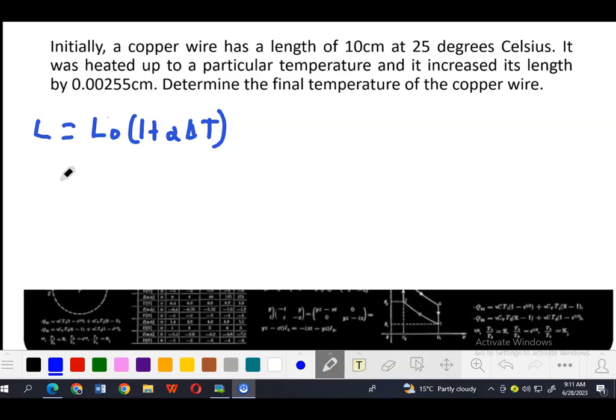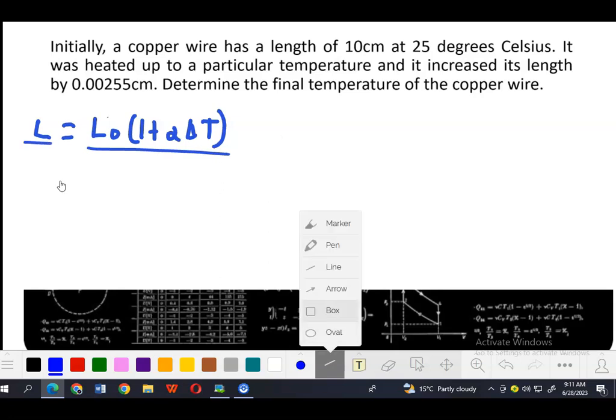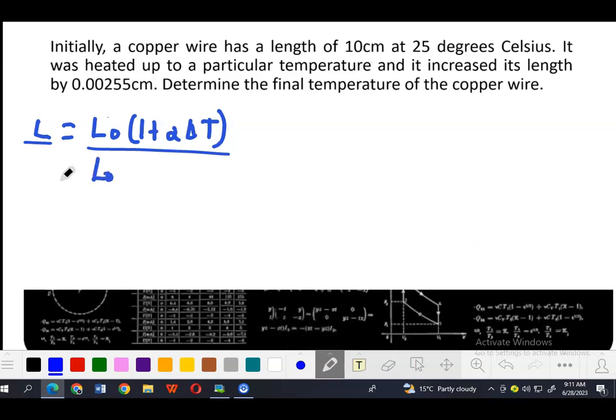We can start by dividing both sides by L0, because our target is to ensure that delta T is on one side. We divide the whole of this side and the whole of this side by L0.